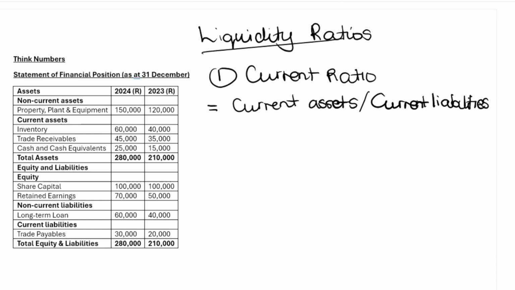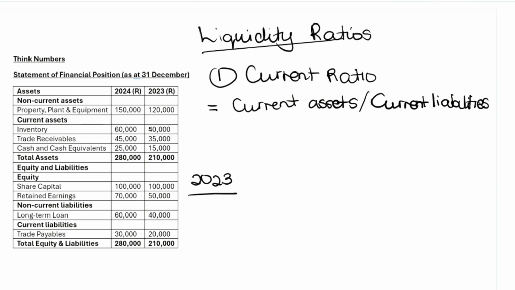All right. So once again, we're going to do it for 2 years, 2023 and 2024, still the same company. We're going to start with 2023, and we're going to look at the current assets for 2023. If we look at our statements here, we had inventory, trade receivables, and cash and cash equivalents.